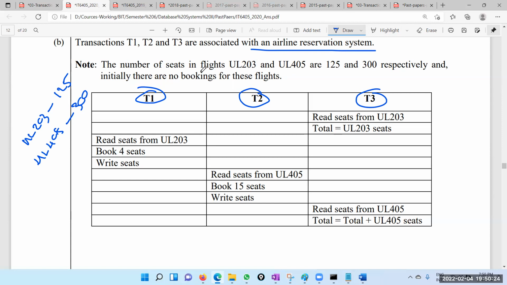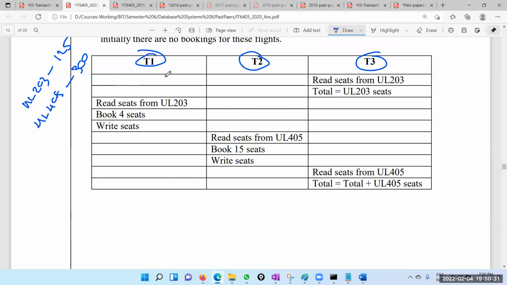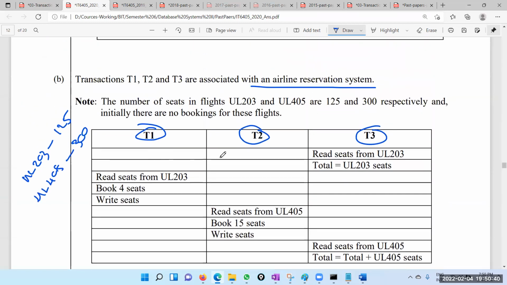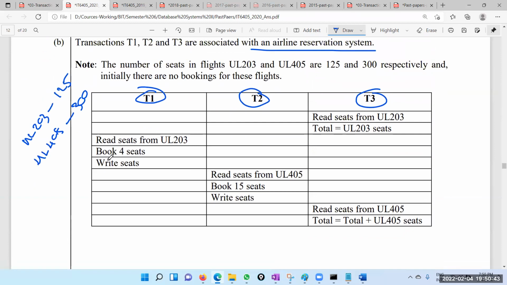Now, most probably these are booking transactions. Transaction 1 reads seats from UL 203, books 4 seats, and writes the number of seats. That means you have to update the number of seats available. Initially, UL 203 has 125. After booking 4 seats, it will be updated to 121. T2 reads seats from UL 405 and books 15 seats.